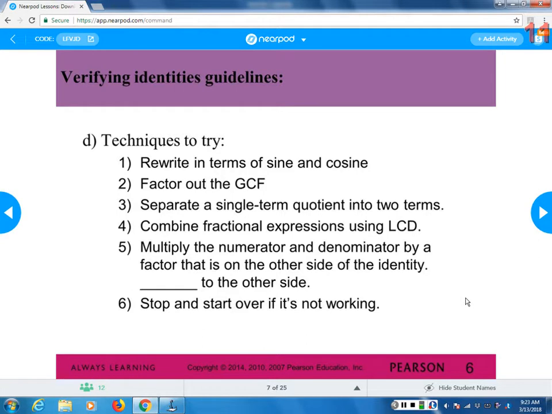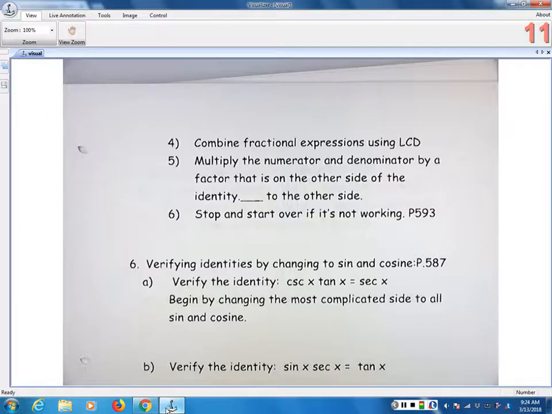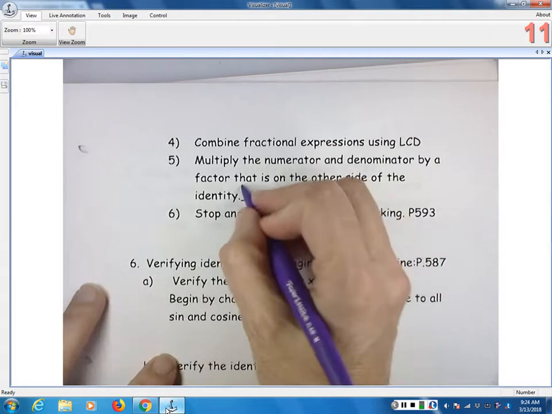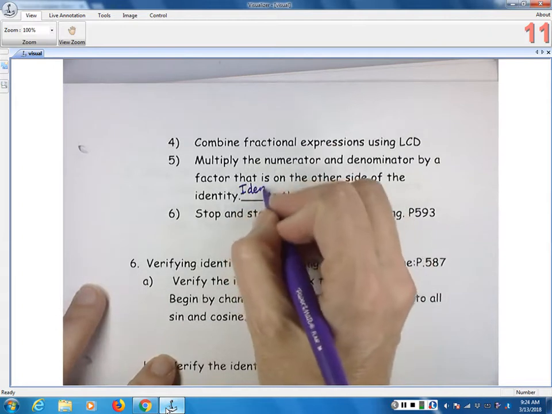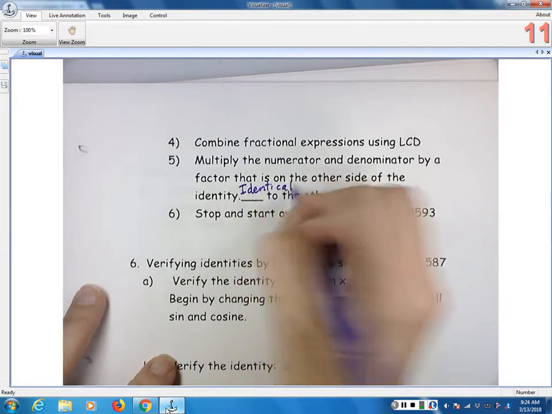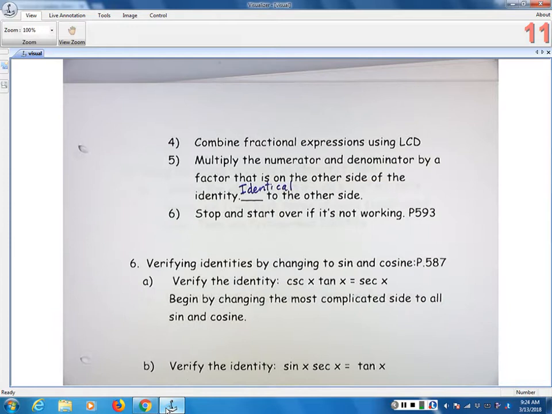Identical to the other side. So, let me write that. It doesn't fit. Identical to the other side.